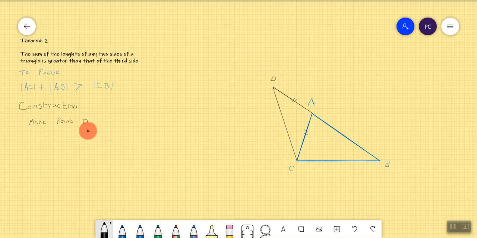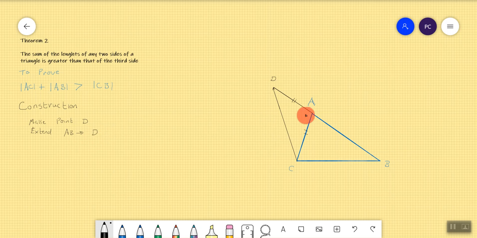And then basically what you're doing is extending BA out to D. Extend AB to D, that's all that means.